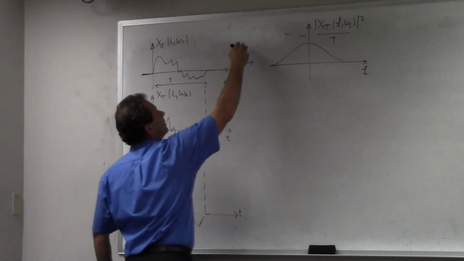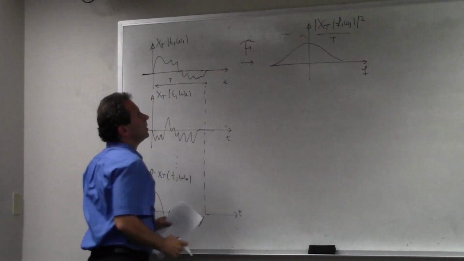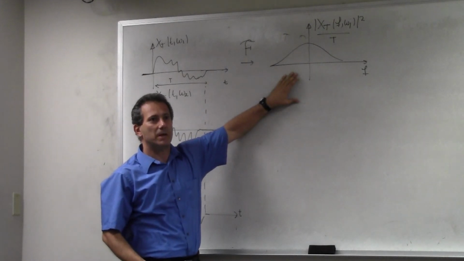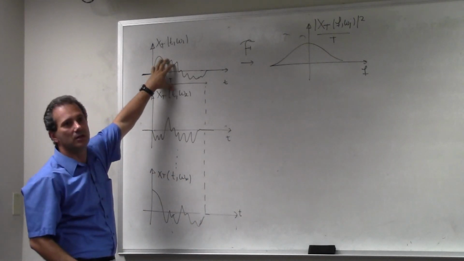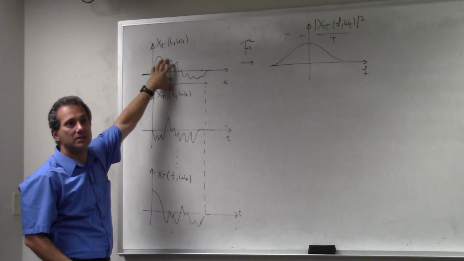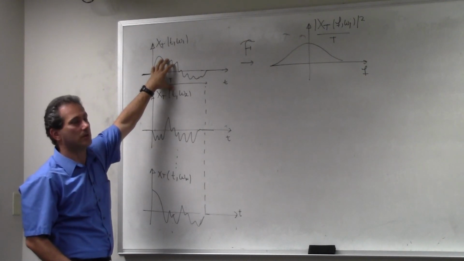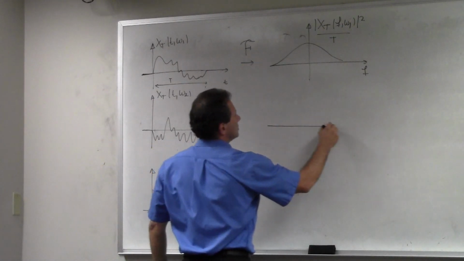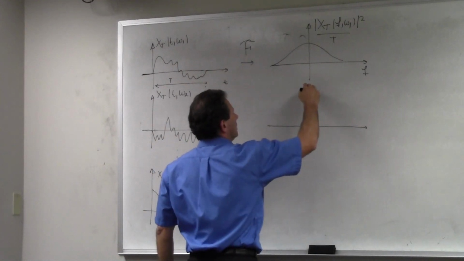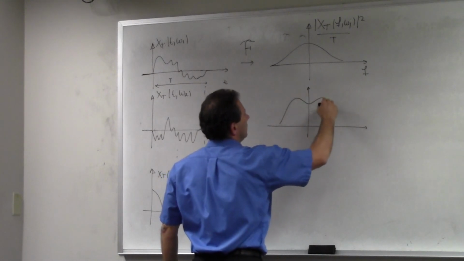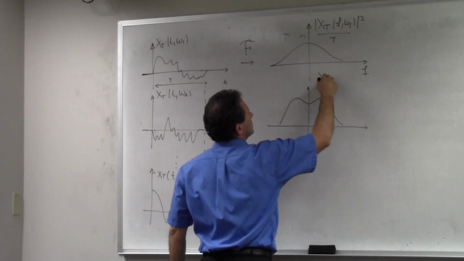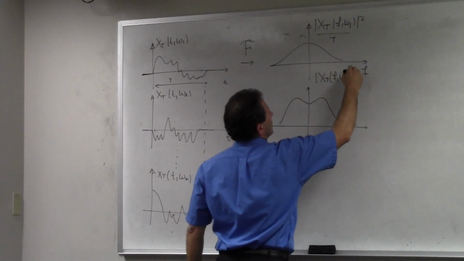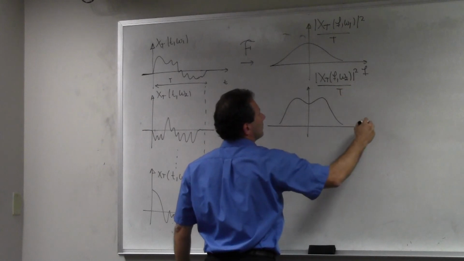What does the Fourier transform tell me? What sinusoidals participate in building this particular realization of this random process? So if I want to build this one, I need these sinusoidals. Now I do the same for the second one, and it looks somewhat similar, but a little bit different, right? So this is x t of f, omega 2, magnitude squared divided by t.